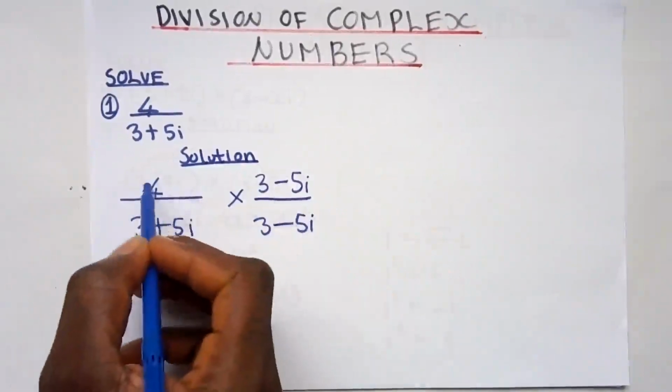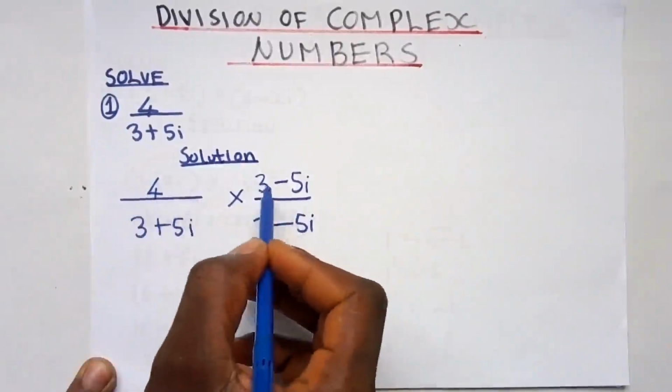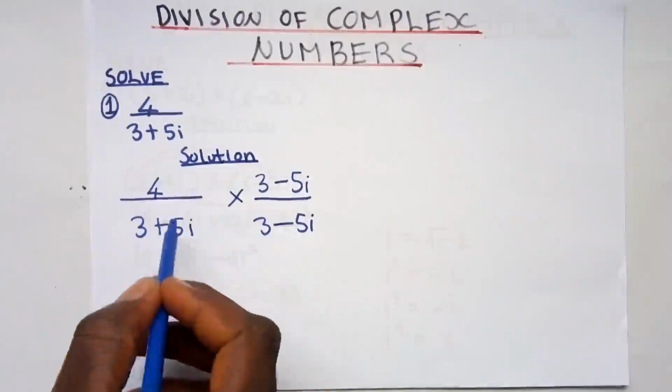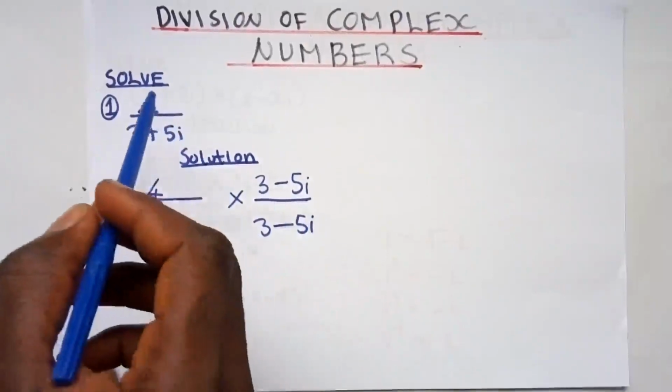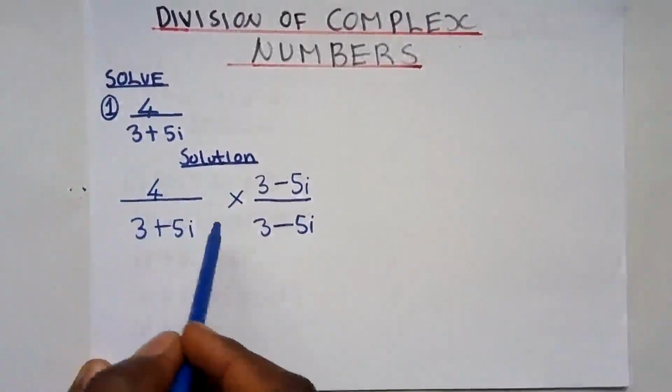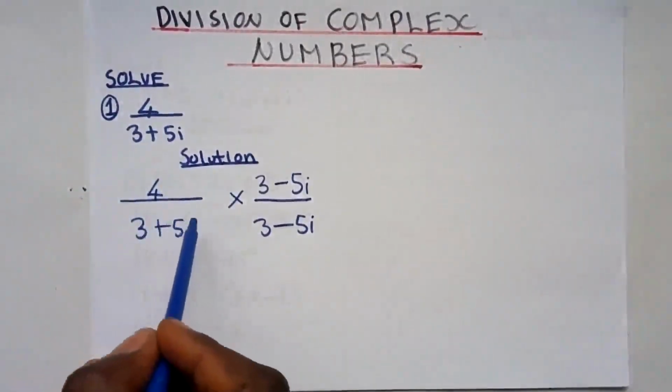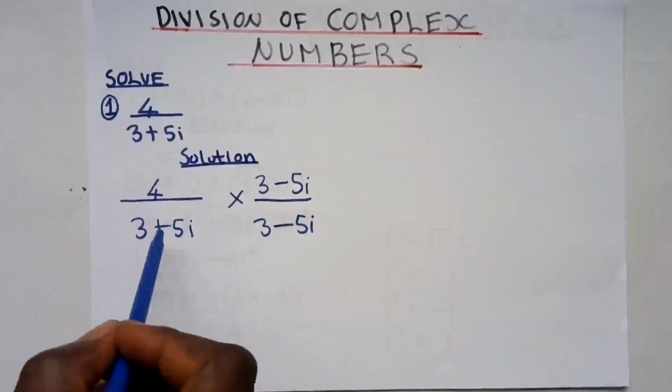So multiply the numerator by 3 minus 5i and multiply the denominator by 3 minus 5i. So you multiply both the numerator and the denominator by the denominator, but changing the sign of operation of the denominator.